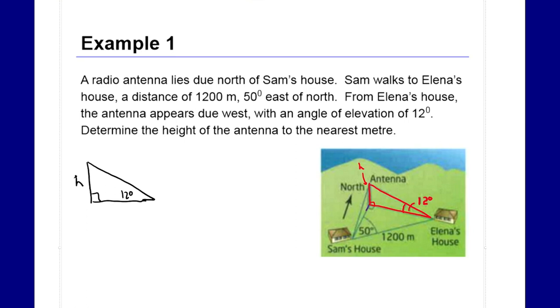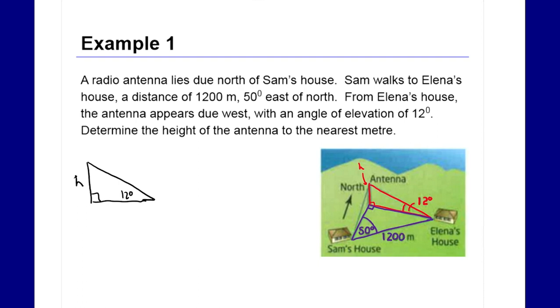If I look back at my image, I can see that there is another right angle triangle along the ground between the two houses and the antenna itself. And it forms this right angle triangle where we're given an angle and we are also given a measurement.